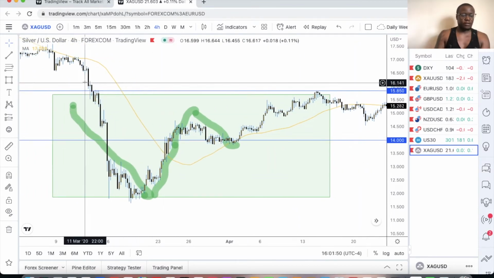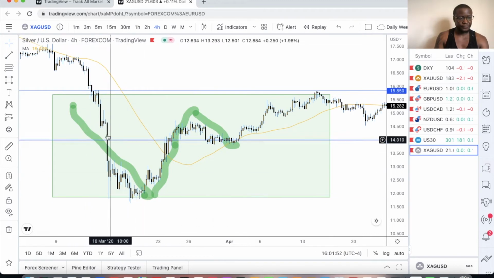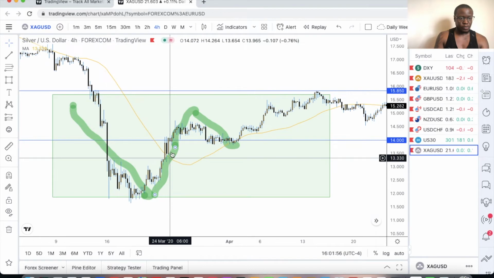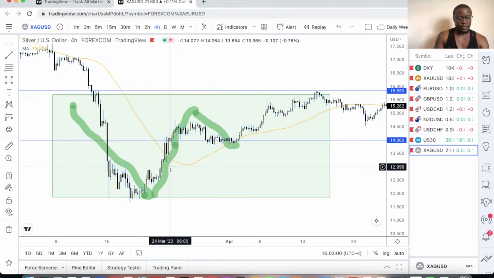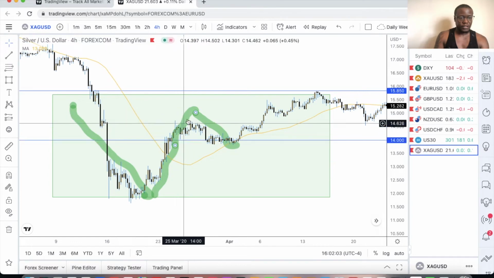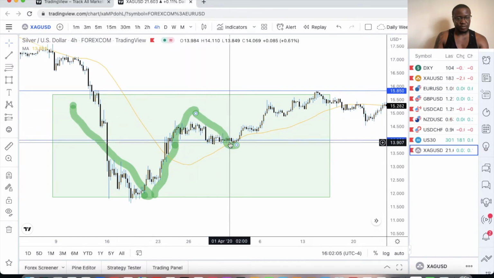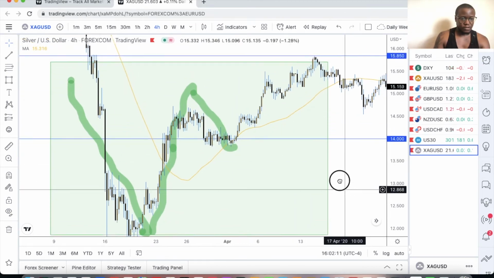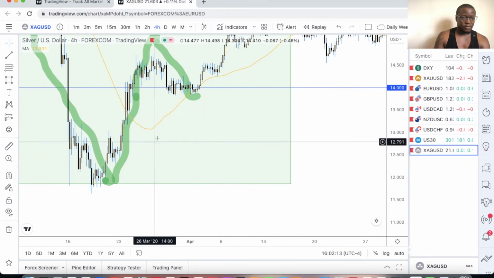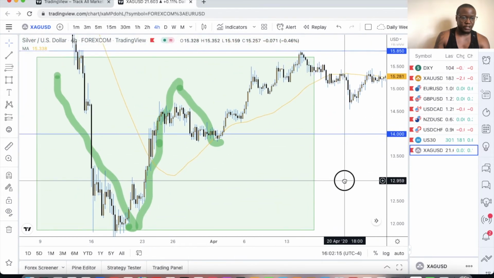So you see the market price broke down, broke support, and then pulled back where we should have got a retest of resistance, but actually pulled above and came back and retested a support level. So it's testing the support level right there.